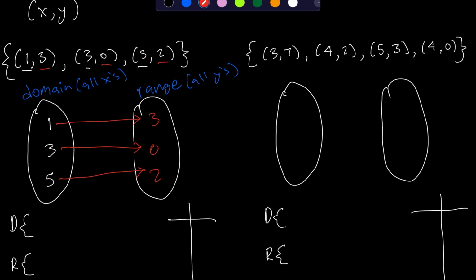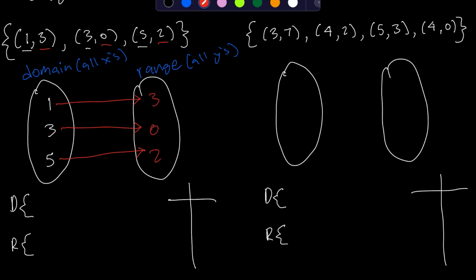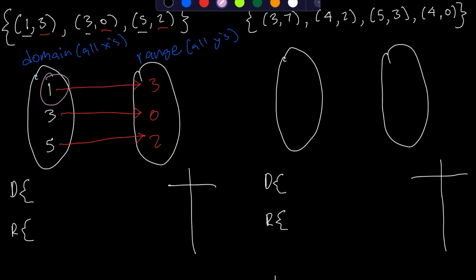Each of these x values, each of these inputs that I've just circled, do not have differing y values or differing outputs. And then we can show that again with domain and range on the bottom. But essentially, we don't have, let's say, x equals 1 giving us two different y values or two different outputs. If it did, that would not be a function. But since it doesn't, it is a function.